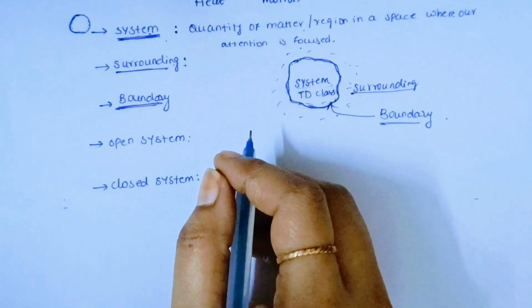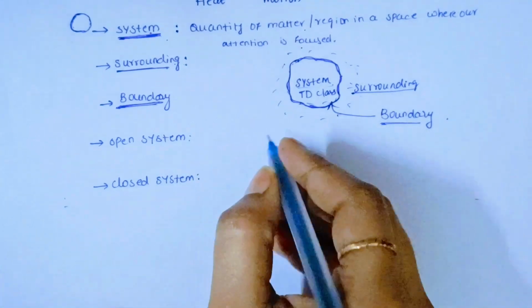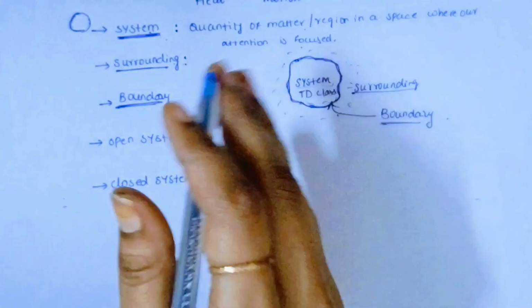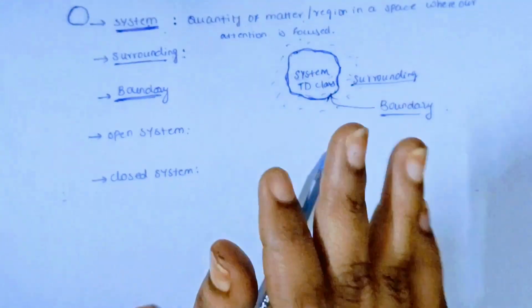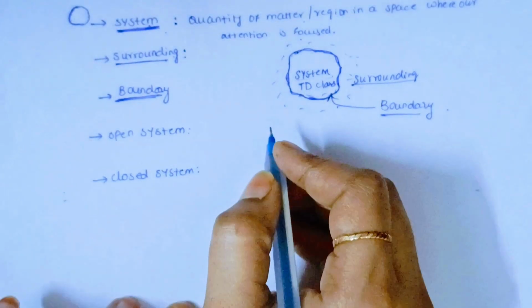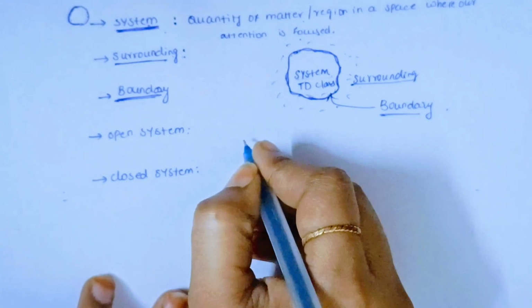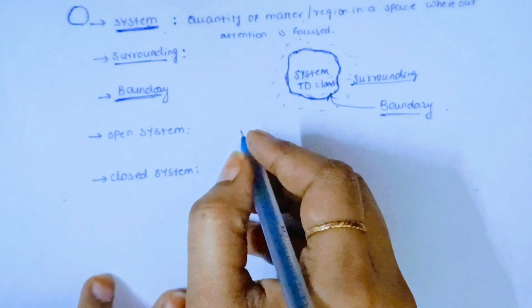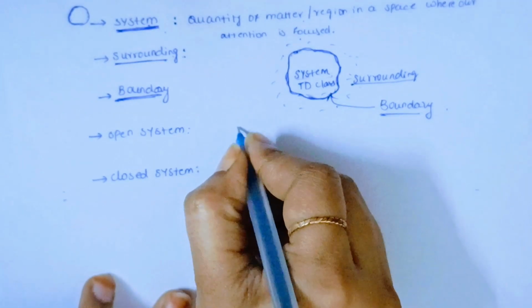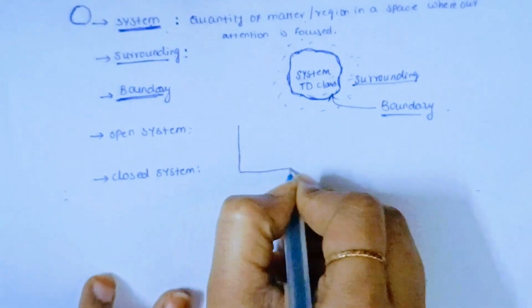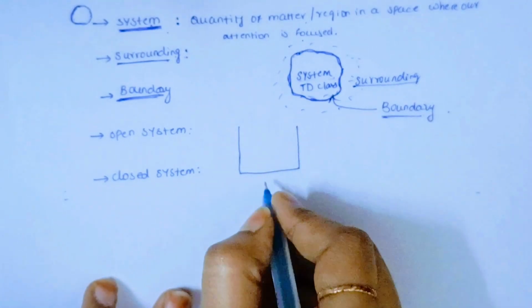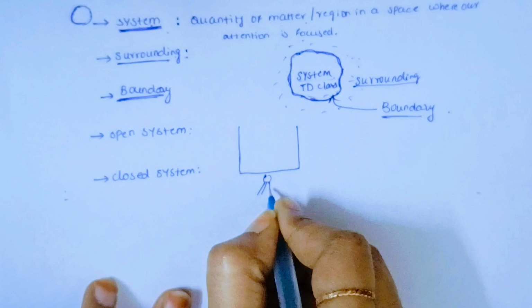Obviously your mom will make it. I will take that example. Early in the morning, for making tea or chai, first she will take the container, then she will keep it on the stove and ignite it.